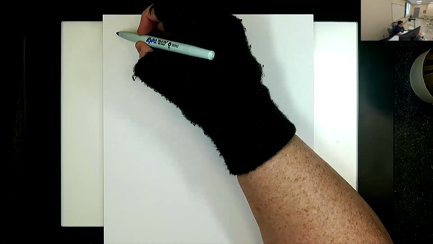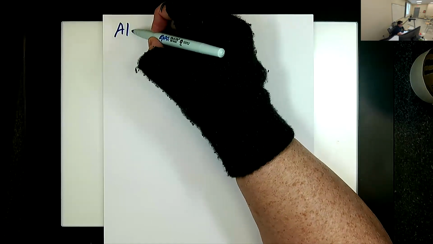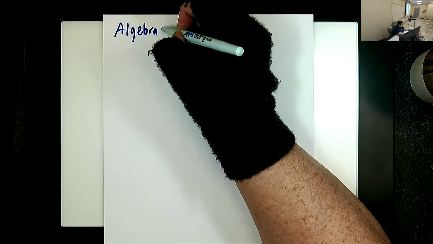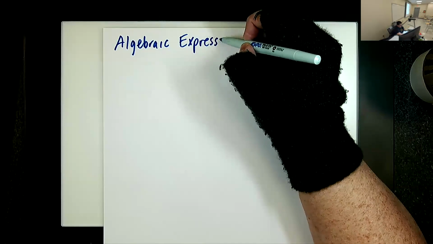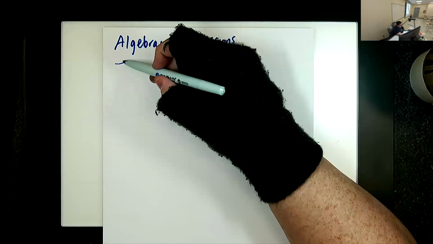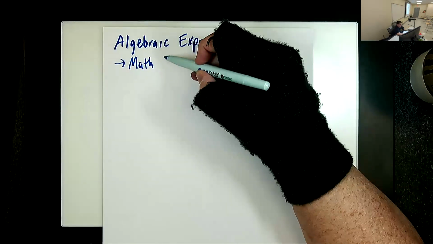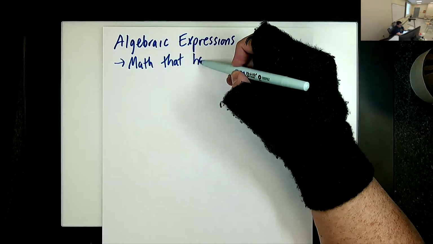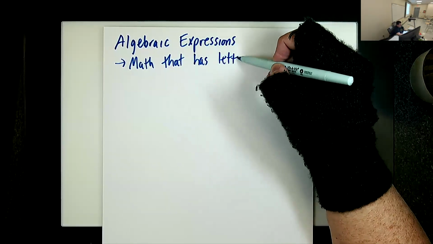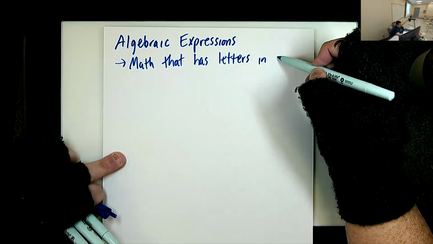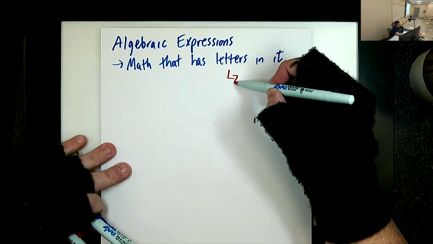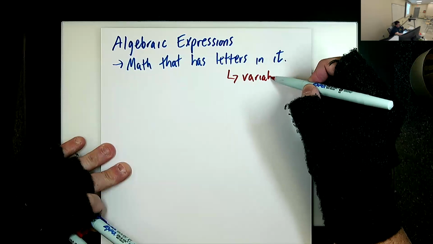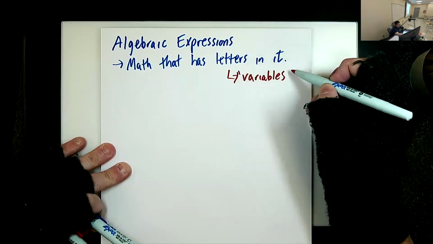All right, other stuff we're going to be doing in this section is algebra stuff. So let's talk about algebraic expressions. This is your math that has letters in it. These letters are called variables. That's what they're called.